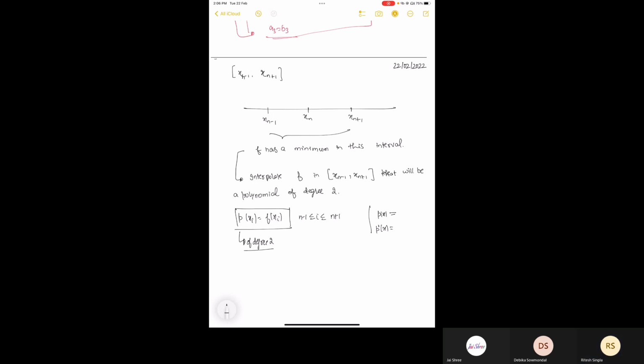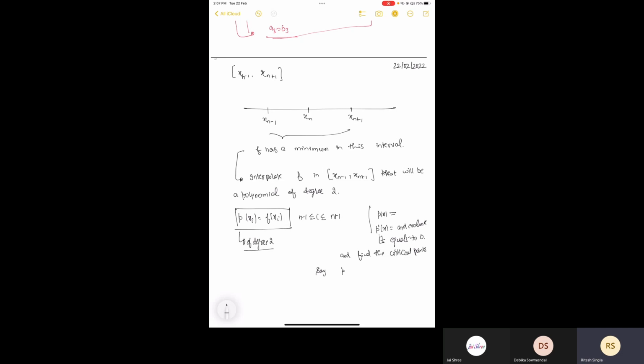And we will find p prime x equal to zero. What we do is find the derivative, put it equal to 0 and find the critical points.